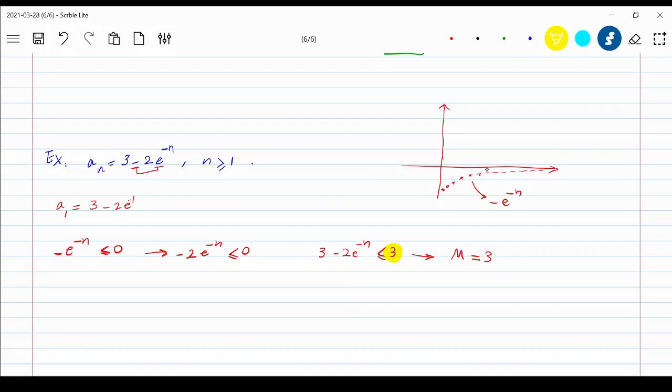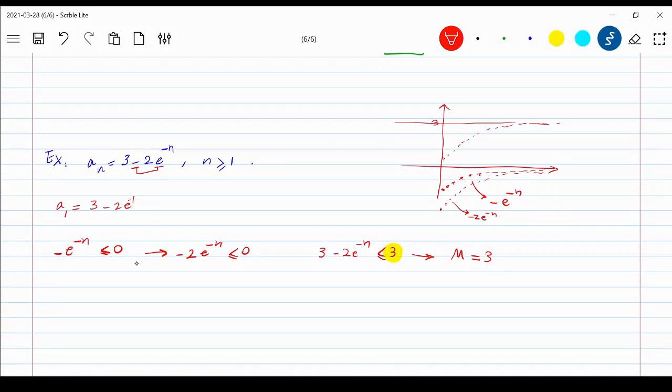You can see it graphically that if I have this graph and multiply it by 2, it will look like a bunch of points. It would look like this. This would be negative 2e to the power negative n. If you add 3 to it, it will just be shifted up, and it will look something like this. This line is 3.